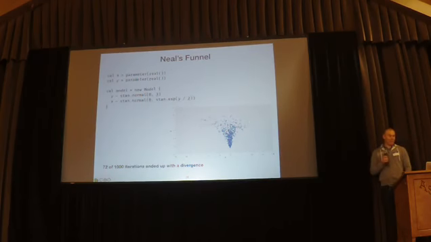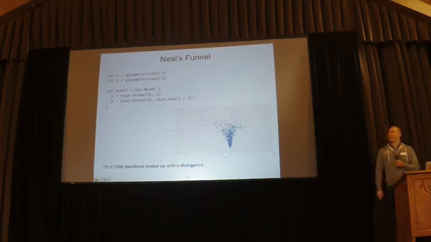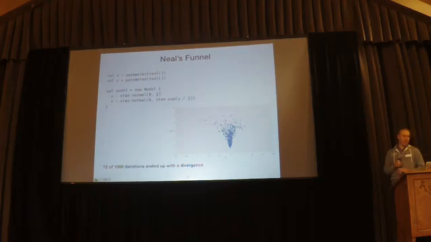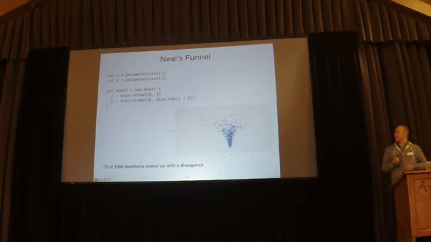Here's another example. I'm sure most of you are familiar with the Stan documentation. This is an example in there, Neal's funnel. If you notice, this gets 72 divergences, and 72 iterations end with a divergence, so this isn't good.